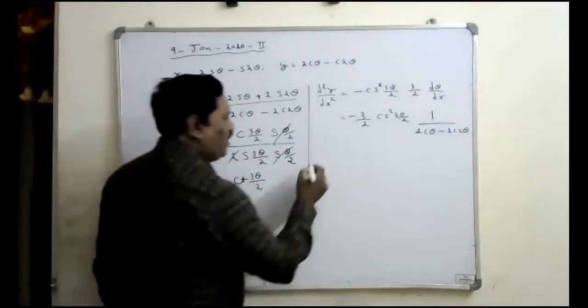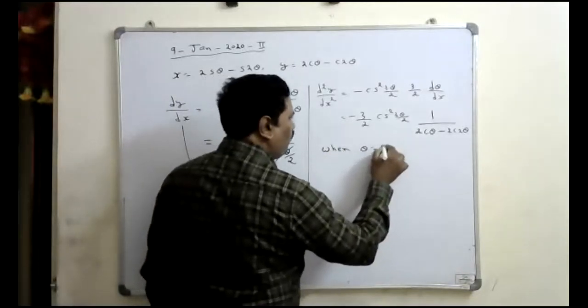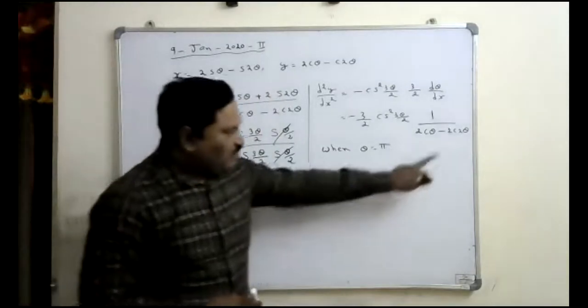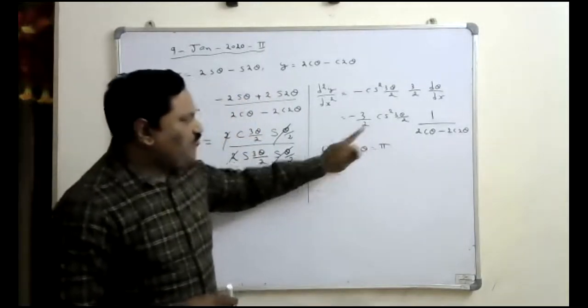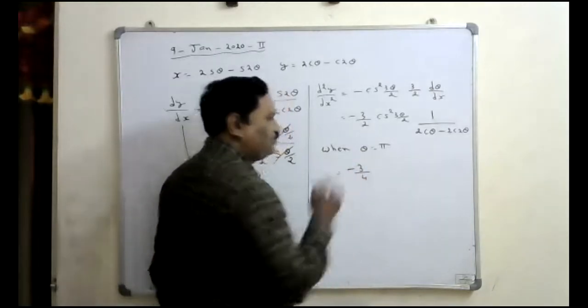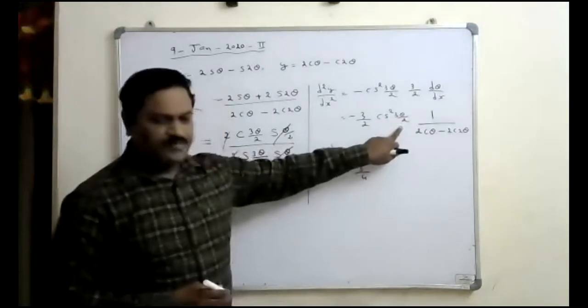So this value we have to find when theta is equal to pi. So if you substitute theta is equal to pi, from this take the 2 common, 2 into 2 is 4, so it is minus 3 by 4 into, substitute the pi here, 3 pi by 2.